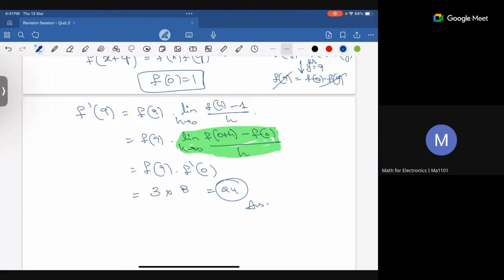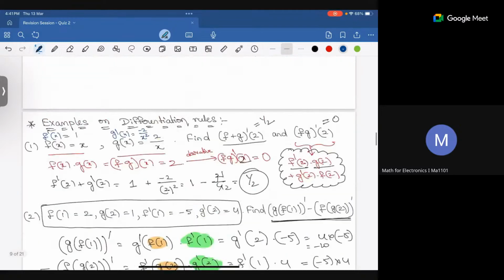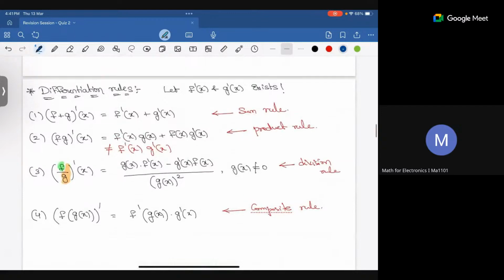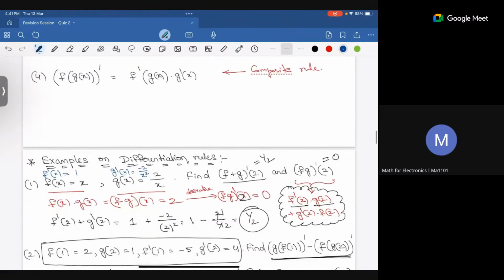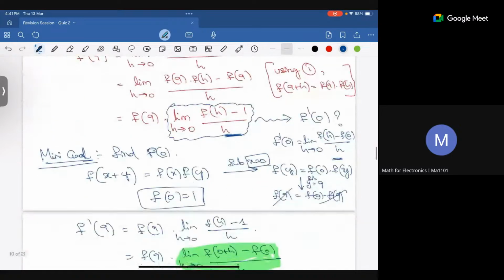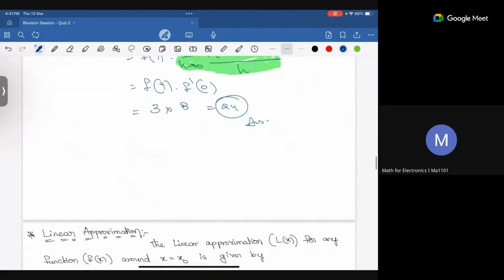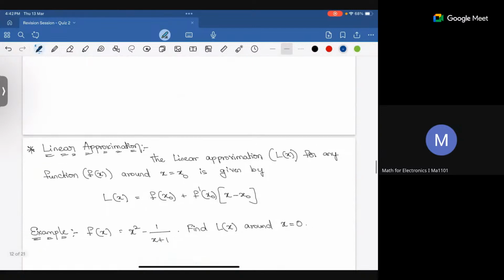But ultimately, the answer should come out to be the product of f of 9 and f prime of 0. Is this clear? I think these examples are sufficient. Solve more problems related to these concepts that we discussed till now. That will cover derivatives.